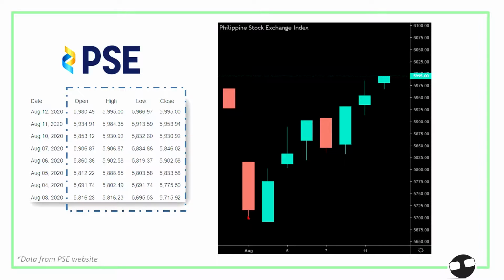Okay, there's a lower wick here, but there's no upper wick. Okay, and on August 4, we can see that even though it's actually a green candle, we can conclude that this is a bearish candle because there is no wick at the bottom part here.